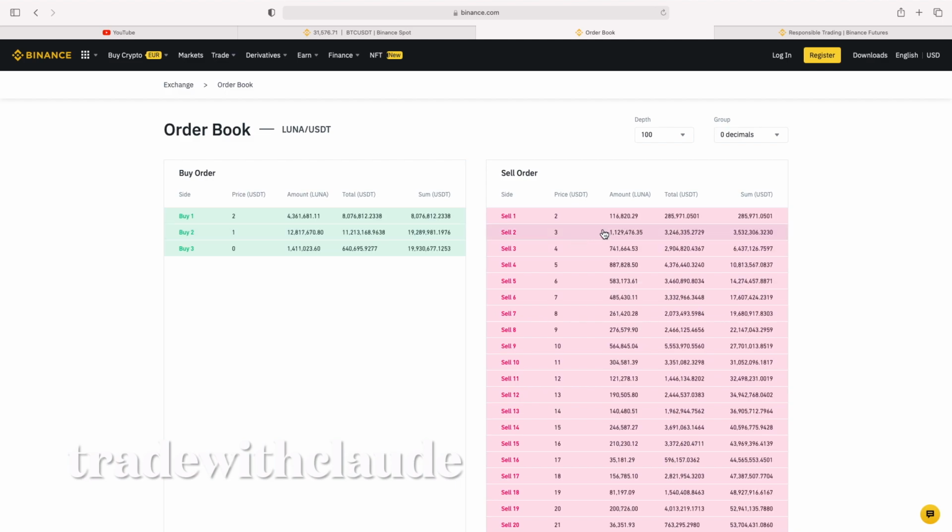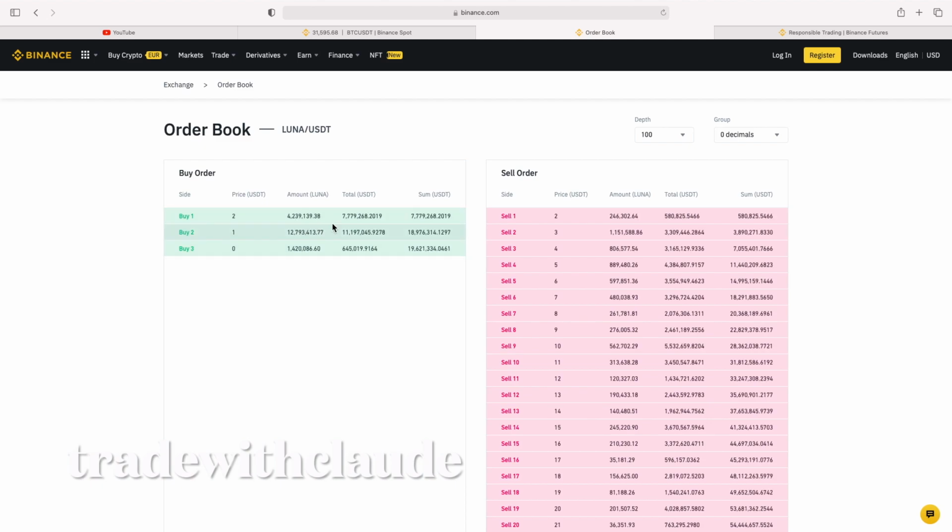If you combine all of these figures here and the total USDT value, you will realize that this level has surpassed this level. Looking from $10 down to $0, you would realize that the pressure is falling at $2, $1. Which means the highest pressure is at $1.